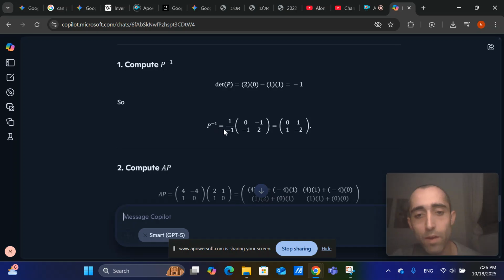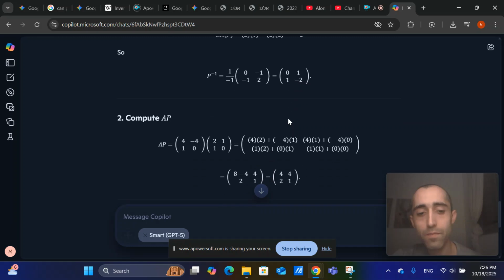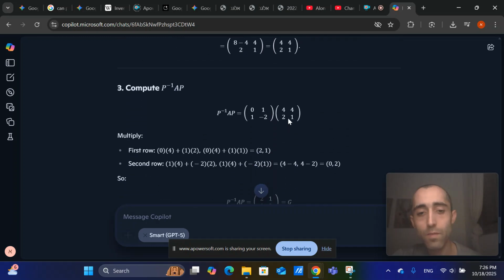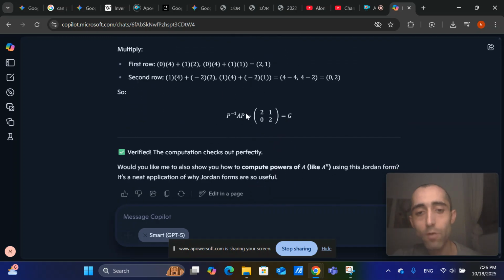This is for P inverse using the adjugate matrix formula for finding the inverse, 1 divided by the determinant of P times the adjugate of P, which is this one. This is the inverse of P. So calculating it, we are getting really the Jordan form of A.